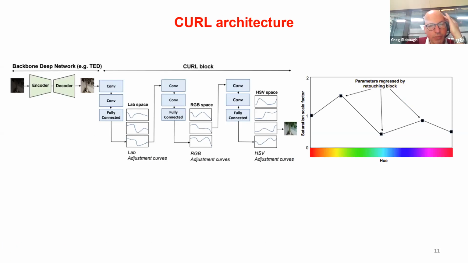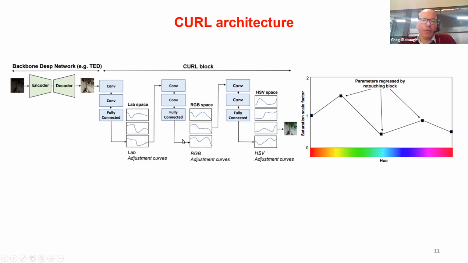Essentially the way it works is, an image comes in, and we have something like a UNet, an encoder decoder, which does an initial image enhancement. Then we take the features extracted in this encoder decoder structure and put them through some neural network layers to estimate curves in 3 color spaces: LAB, RGB, and HSV.